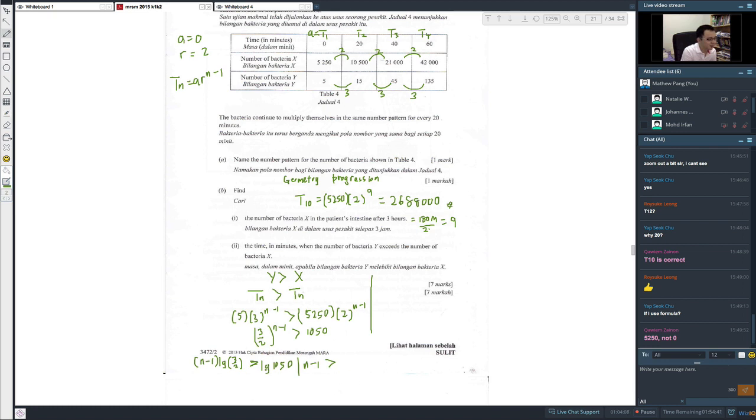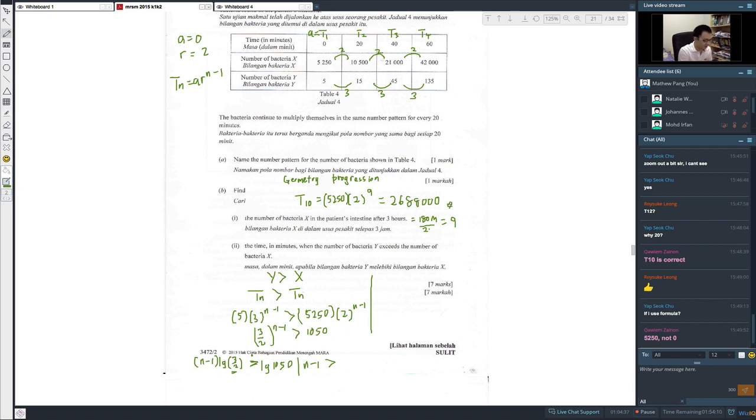If this value is negative, when you move log 3 over 2 to the other side, you have to change your symbol, meaning flip the sides of your symbol. But log of 3 over 2 is positive, because log of a number less than 1 gives negative. So log 3 over 2 gives a positive value, right? Then you don't need to change. So I will do something like log 1050 divided by log 1.5.